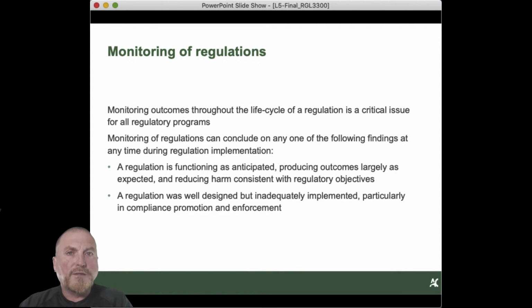So when we monitor, the PMEP is about more than evaluating at a given point in time. The PMEP also says, how am I going to do ongoing monitoring of the performance of this regulation? And that's why a lot of the times the PMEP will include a bunch of indicators that are going to be measured.